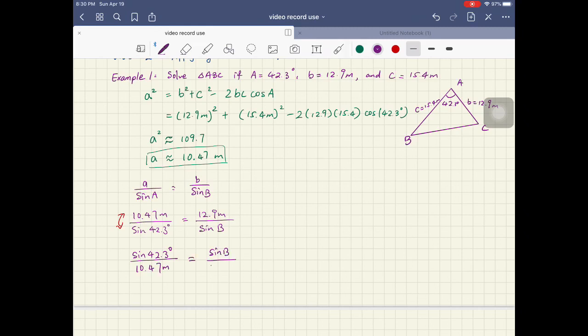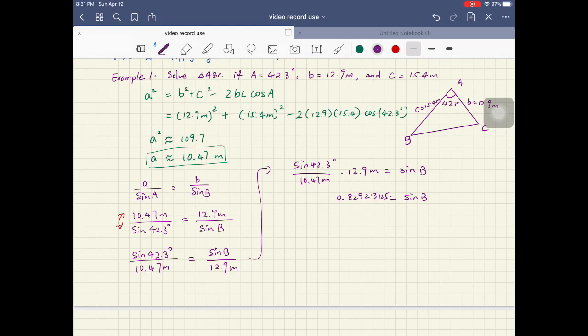Since we're looking for angle B, I'm going to multiply both sides by the denominator, 12.9. Then punch everything into the calculator. I got sine of B is approximately 0.829213125.